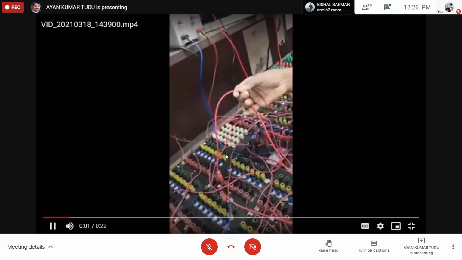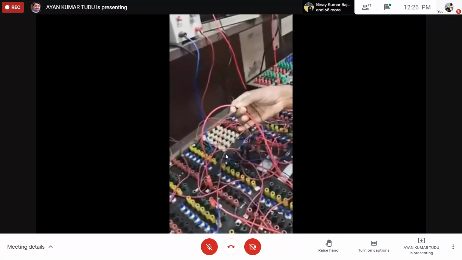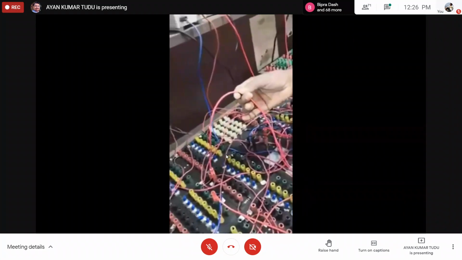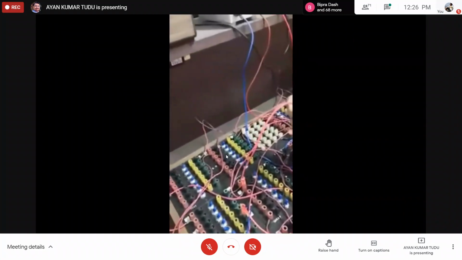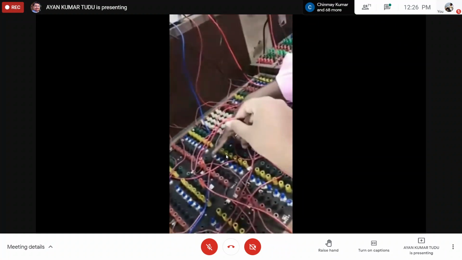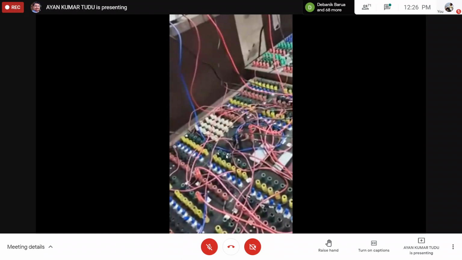Now in the third run, we'll be talking about our both end feeding with an interconnector. As you see from your circuit diagram, now P and C is connected.